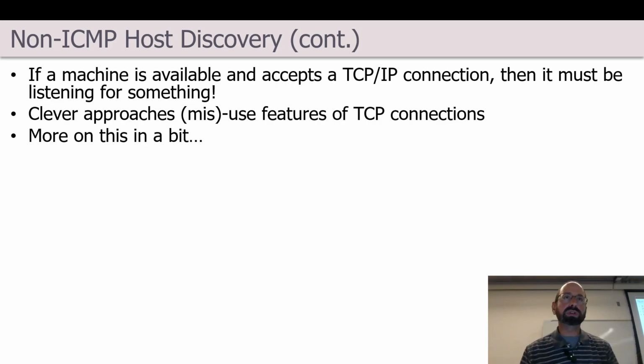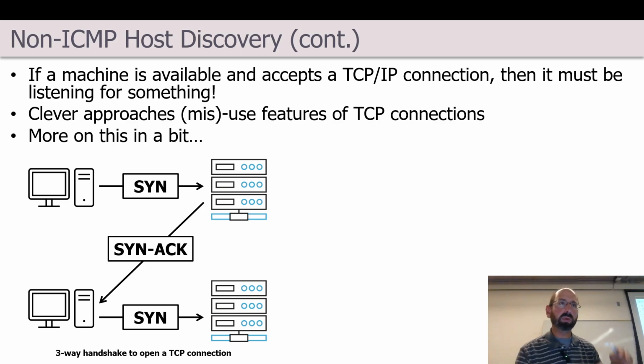And that's the other approach that these tools can take to discover whether a host is up or down. We may not be able to easily determine what the machine is running and what particular ports it's listening on, but it must have something that it's listening to. And oftentimes being told that it's not listening to a particular port is sufficient for us to determine whether a host is up or down.